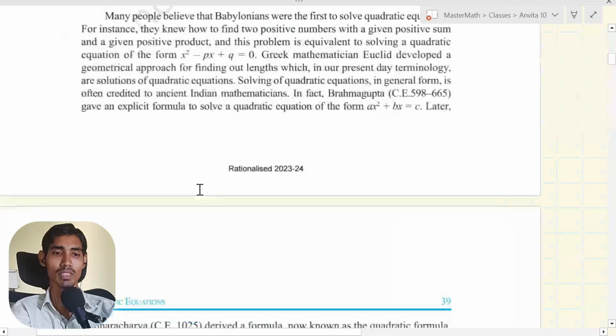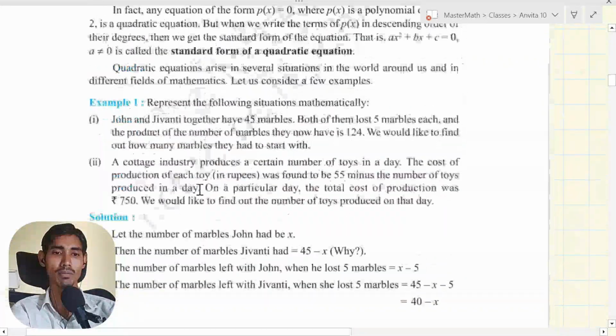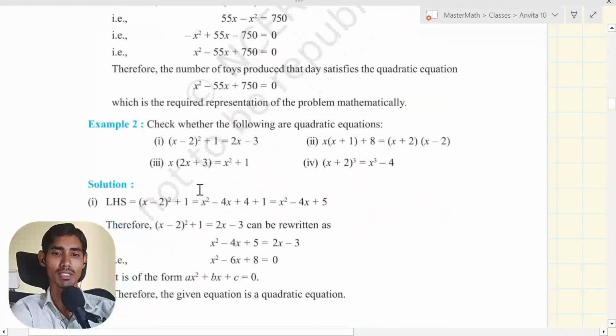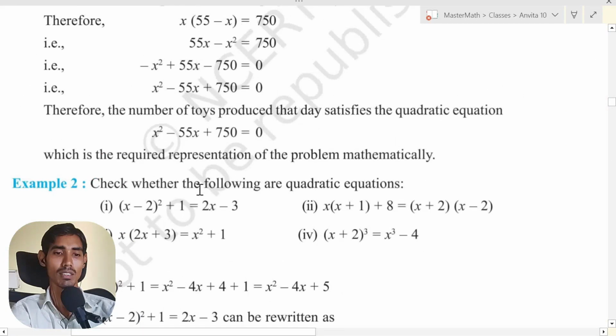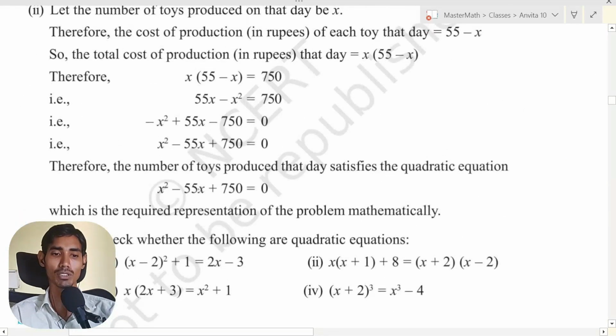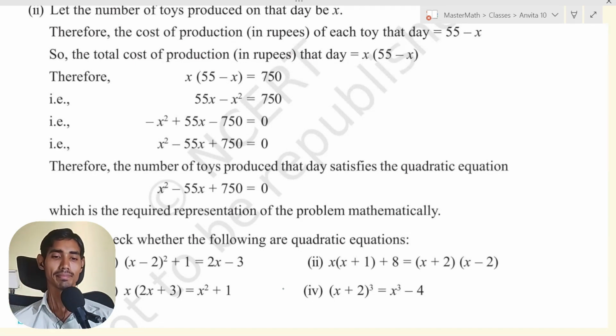So first we'll do some basic questions on the standard form. Just check whether these are quadratic equations or not, one by one. The first one, x square minus 1, is a quadratic equation because we can match the standard form if we transpose 2x minus 3 and keep RHS as 0.